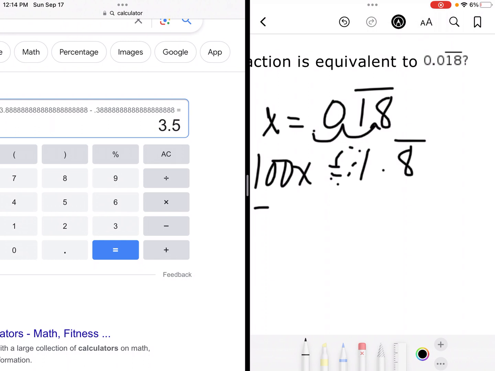Okay, so I'm going to subtract x, and I'm going to subtract 0.018 repeating.